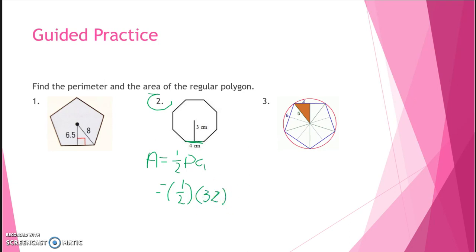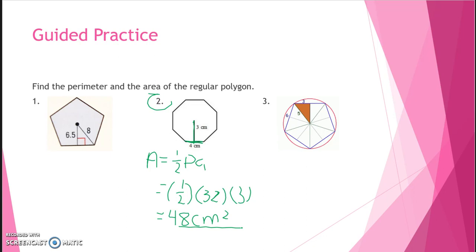You can also do 4 plus 4 plus 4 plus 4 plus 4 plus 4 plus 4 plus 4 to add all of the sides together to get the perimeter. Your apothem is from the center to the side, so we are given that as 3, and then we multiply, and we get 48 centimeters squared for the area.